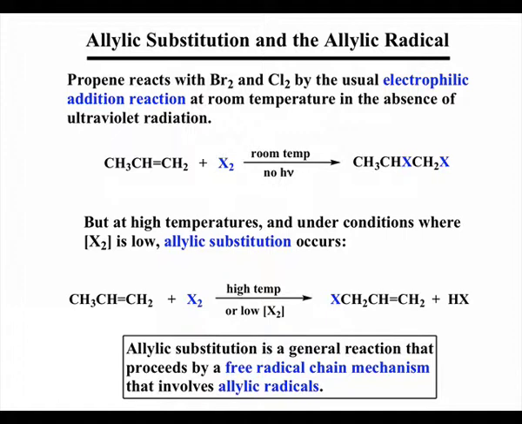And she ends up with the dihalide. Nothing surprising there. That's electrophilic addition, okay? However, if she does essentially the same experiment, but she keeps the concentration of bromine really low and she heats it up really high, she finds that she doesn't get addition across the carbon-carbon double bond.